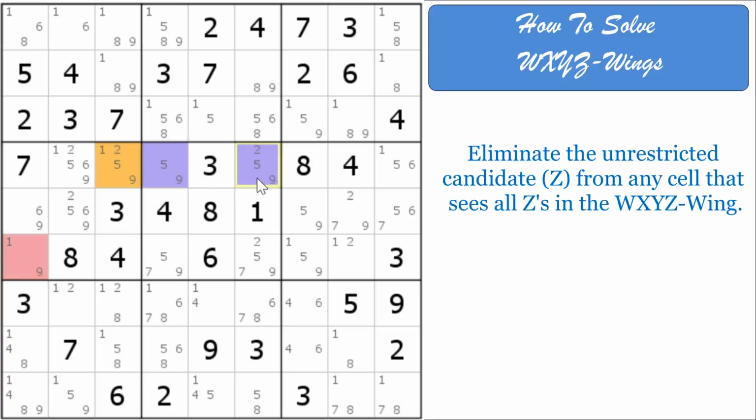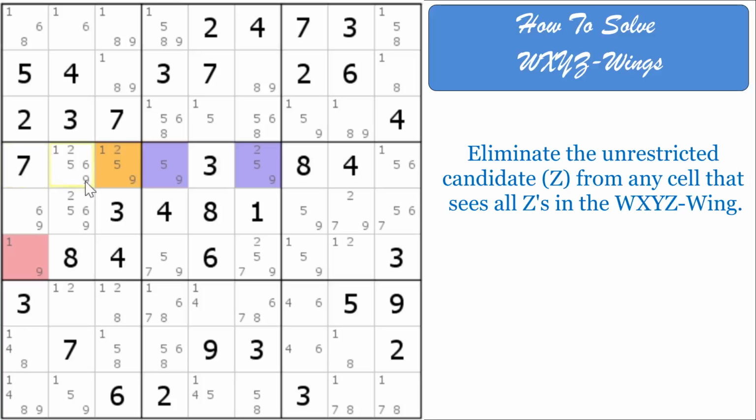So now, how do the eliminations work? Well, we're looking to eliminate the unrestricted candidate, which is the 9. Where can we make the eliminations? Well, we can make them in any cell that all the cells that carry the unrestricted candidate can see. In this case, it's just going to be this cell right here. That cell's filled in.